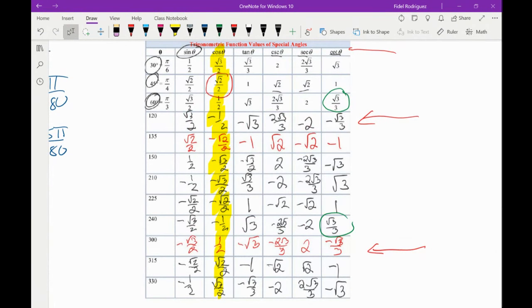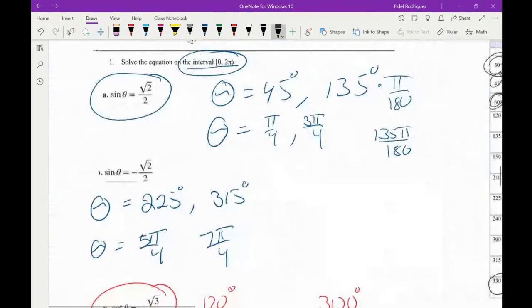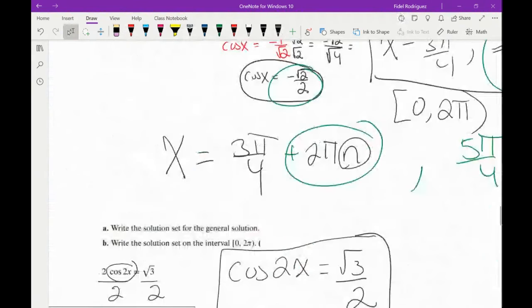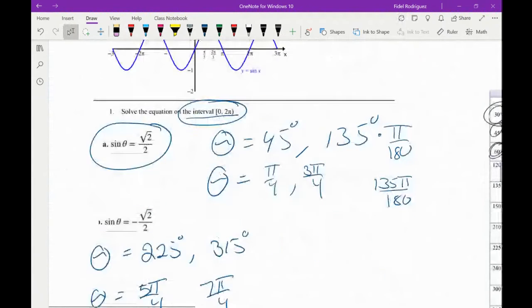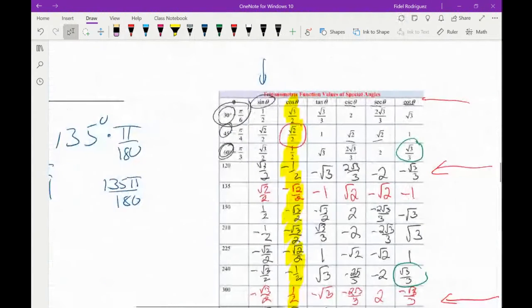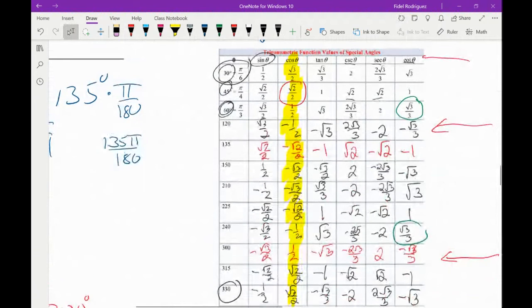At 30 degrees, and where else? And 330, right? So right here at 30, and right here at 330. Okay, so let's do this. We're going to come back. All I'm doing, John, is stare and compare. Cosine is supposed to be equal to the square root of 3 over 2.